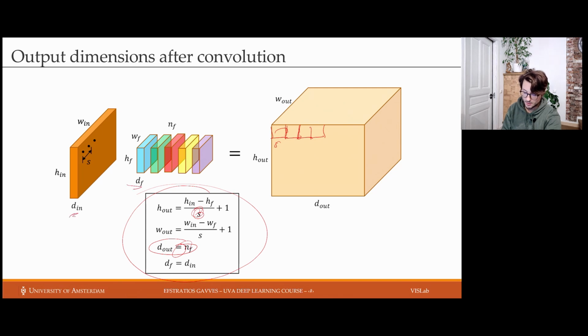So the d in and the df are equal, and the output depth is equal to the number of filters we have in our convolution. The reason that the depth of your image input and the depth of your filters has to be equal is so that they match when we're doing the number by number, entry by entry multiplications.